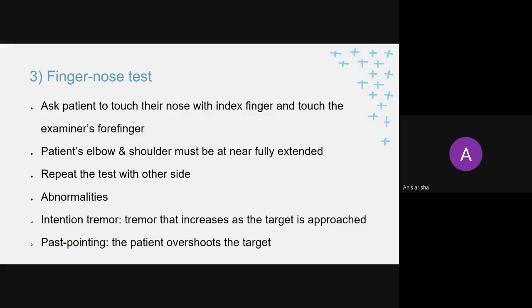Then we repeat the test on the other side. In the finger-nose test, we want to see if there is any intention tremor, which is a tremor that increases as the target is approached, or any past pointing, where the patient overshoots the target. However, for infants or young children, we can assess the finger-nose test by exchanging toys with them.